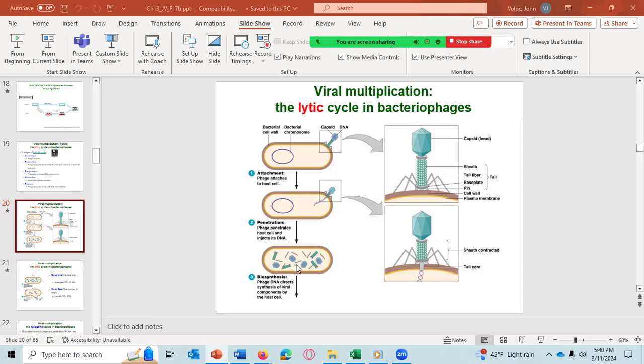And then the viral proteins actually self-assemble into a virion. And then they have an enzyme which actually stuffs the viral genome in the head of the virus, I think before it's assembled.